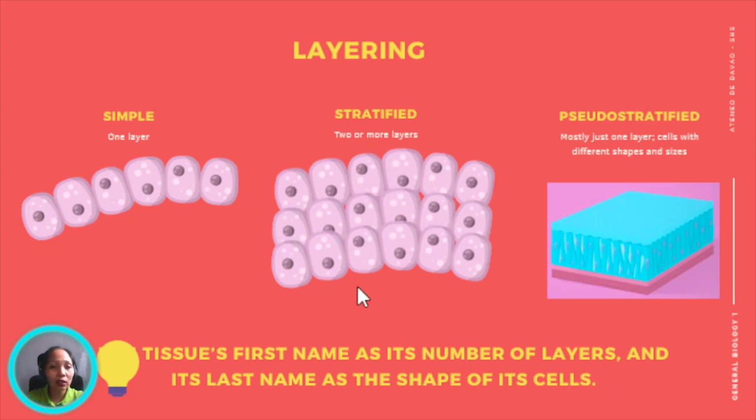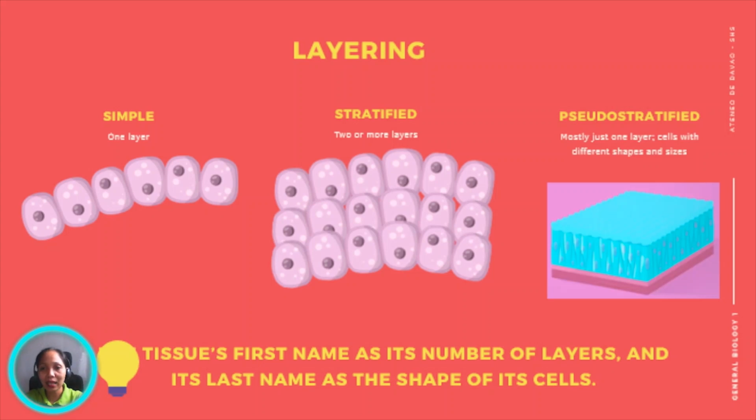Now, since we learned about the shape of the cell and the layer of a cell, now we can name the epithelial tissue or the epithelium. In order to name an epithelial tissue, let's have the first name as the number of layers. So it can be simple, stratified, or pseudostratified, depending on the number of layers of that cell.